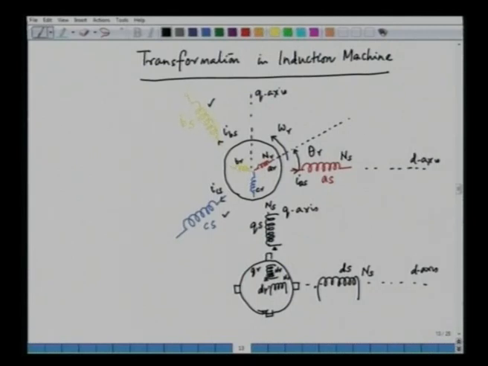Again, the rotor is also transformed into a 2-axis model. So, we have to project the MMFs in the D and Q axis respectively and find out the DQ current for the rotors as well, as we have done for the stator. So, let us see how it comes out to.